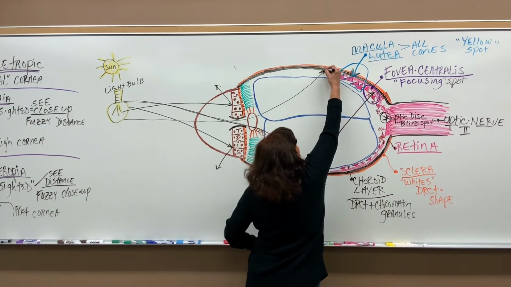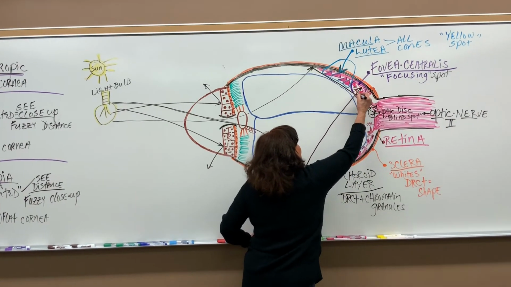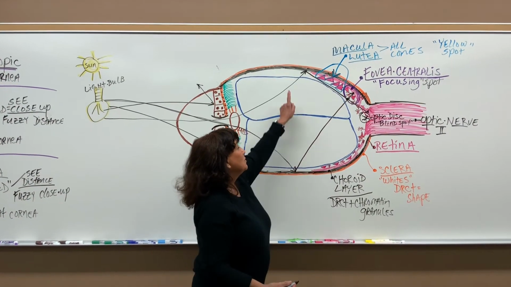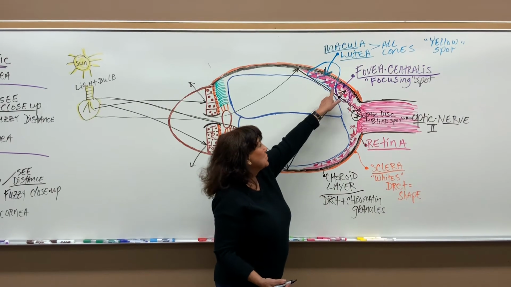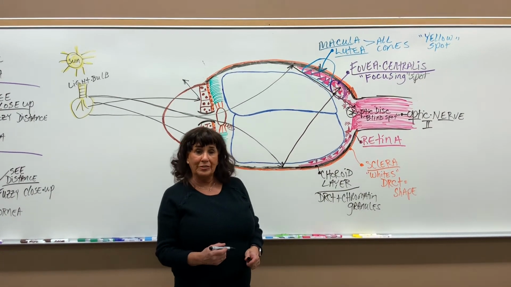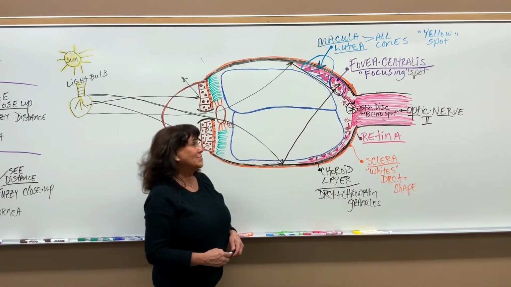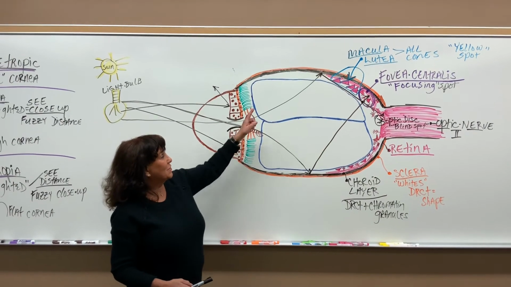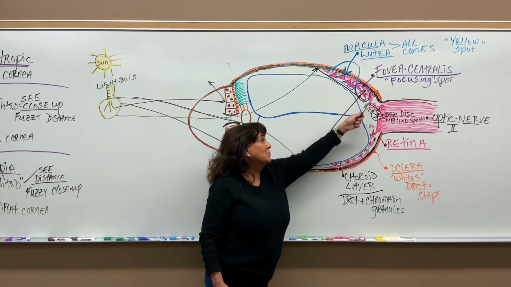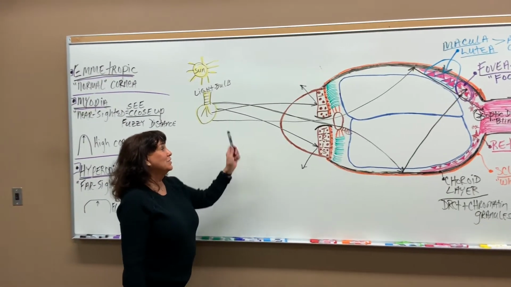Then this one will go across like this. Right where the two light beams intersect, that is right on the focusing spot. That means you have normal vision. You can see great at distance and close up, and you don't need glasses of any sort. It's where the light beams intersect. Is it going to hit this spot or not? That is normal vision.